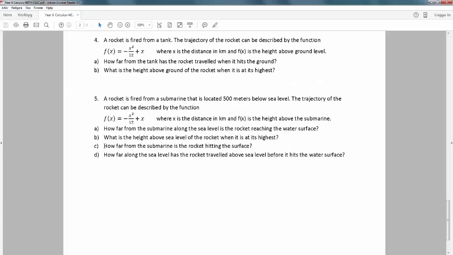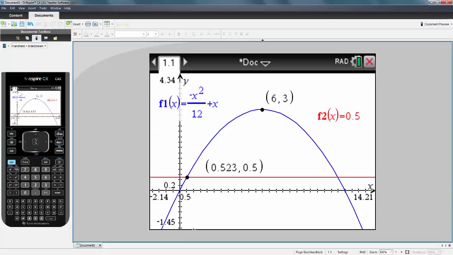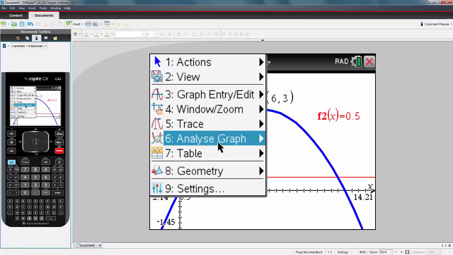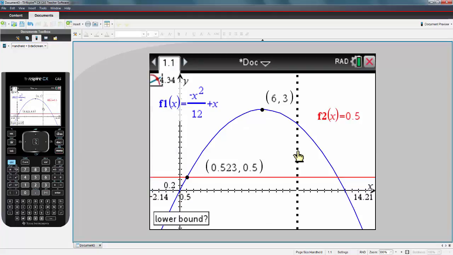How far from the submarine is the rocket hitting the surface? Okay, so let's look again. Here where x is 0, we have the submarine. And then the rocket is hitting the surface again over here. So what's the x value for that point of intersection? We go again, analyze graph, and find the intersection.